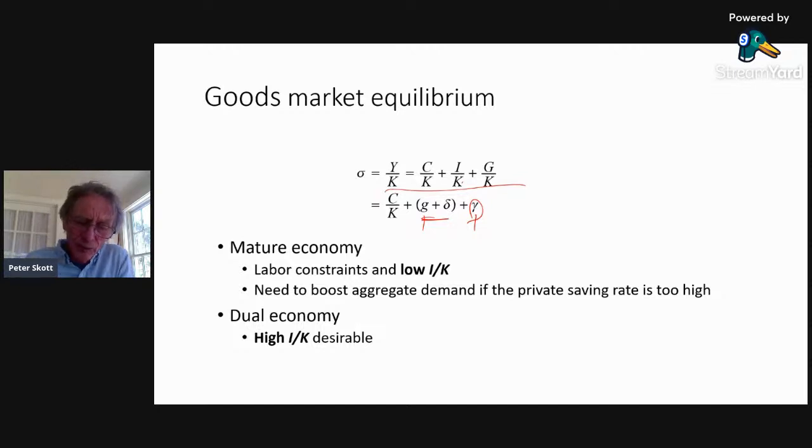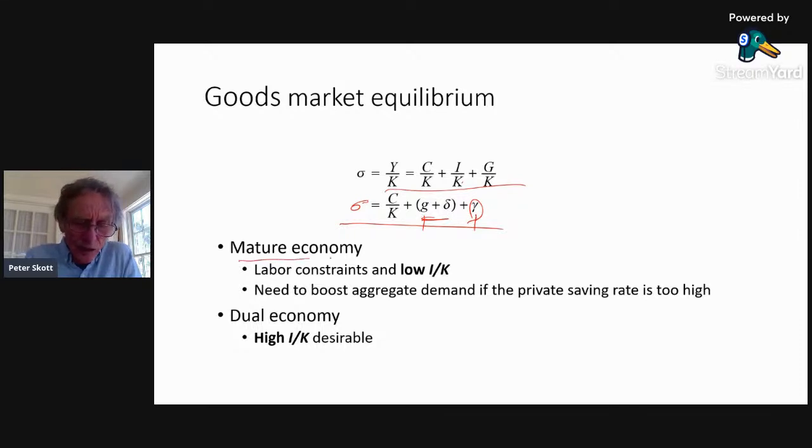If you look at this equilibrium condition, we have a given output capital ratio, think Leontief production function, and a utilization rate that is at the desired rate. We don't have persistent deviations from that. Then the left-hand side is given. We've determined gamma. We have a growth rate here.